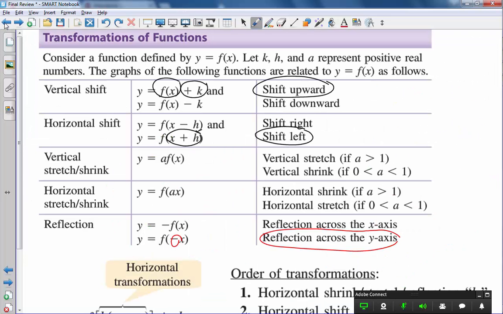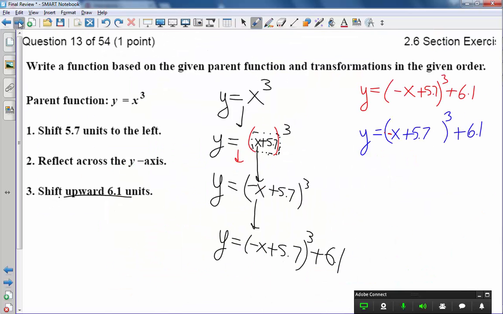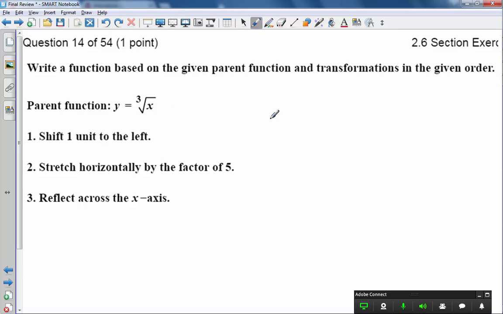There's the list in case you need it. Anyone?